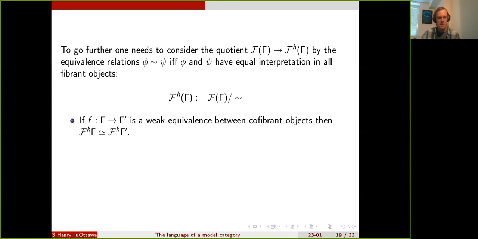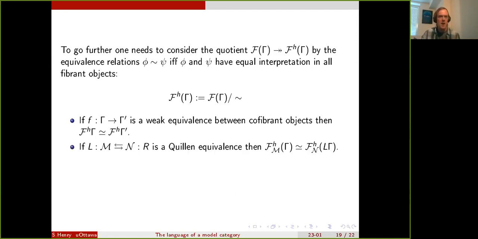And then if you have a map between two cofibrant objects, or two contexts, that is a weak equivalence in the sense of the model category, then the sets of formulas in gamma and in gamma prime, identified by this equivalence relation, are the same. So equivalent contexts give you the same formulas, at least up to semantical equivalence.